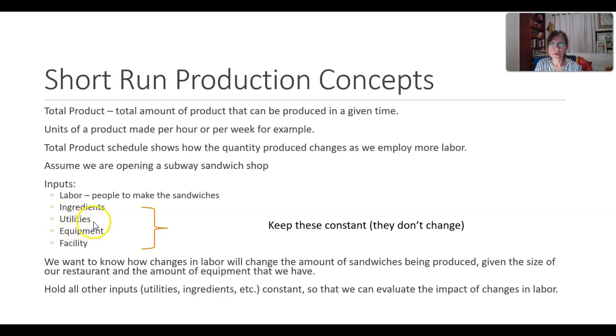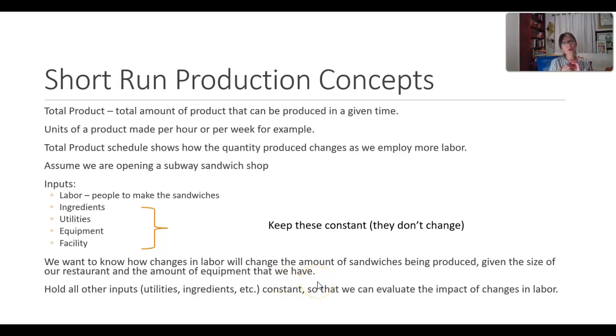The restaurant pays utilities, it has equipment, and then it has a building. Note that utilities, equipment, and facilities aren't going to change. What does change is the labor and the ingredients, depending upon the output. So what we want to know is how changes in labor will change the amount of sandwiches being produced, given the size of our restaurant and the amount of equipment that we have.